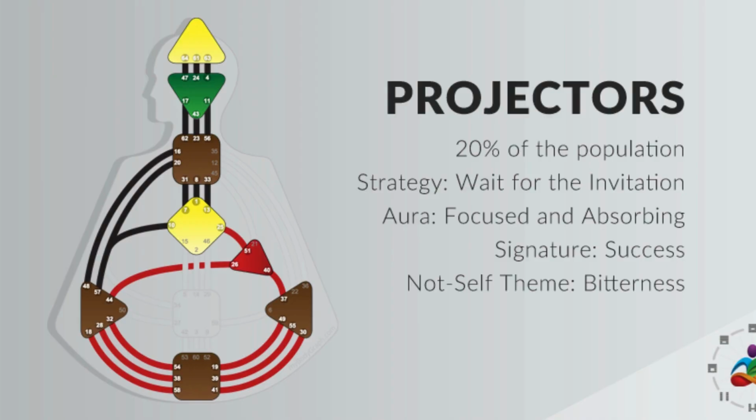They therefore need to learn about efficient use of energy to sustain a certain level of activity without running the risk of burnout. As a projector, you have the potential to advise and be a guide for others once you develop your skills. The strategy for a projector is to wait for the invitation once your skills and potential have been recognized.